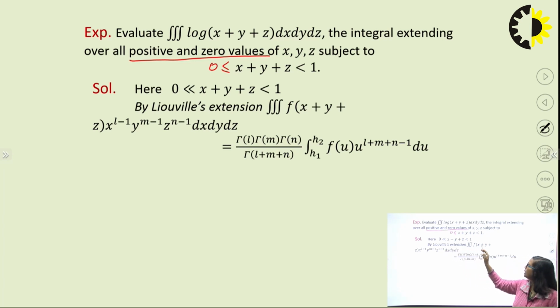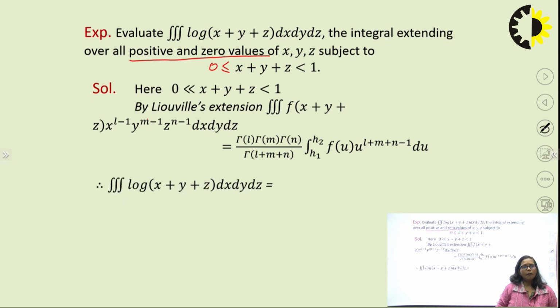We know that by Liouville's extension, the integral of f of x plus y plus z into x to the power l minus 1, y to the power m minus 1, z to the power n minus 1 dx dy dz is given by this formula which we have discussed in the last slide: gamma l, gamma m, gamma n upon gamma l plus m plus n, integral h1 to h2, function of u means keeping this x plus y plus z equal to u, into u to the power l plus m plus n minus 1 into du. Yeah. So now we start applying this extension to solve this given integral.